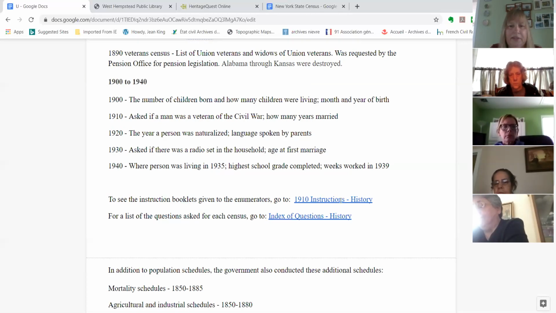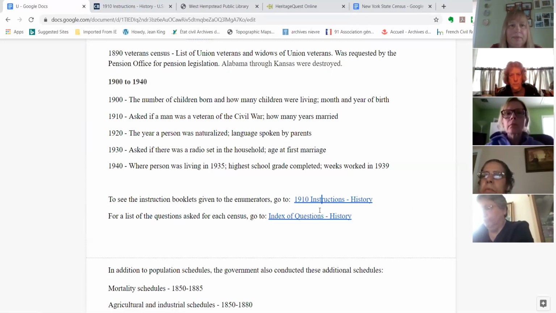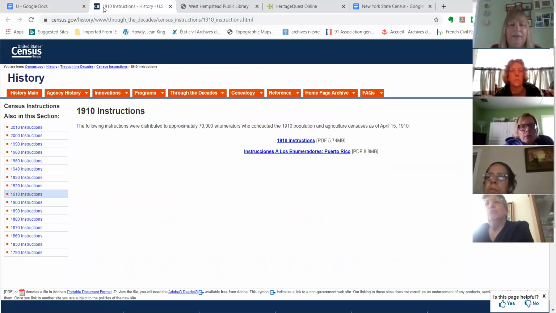Then I wanted to just show you, if you're interested in census records, this link goes to the actual instruction books. Well, let's see. Oh, there it is. Okay, you can see that? Yep.